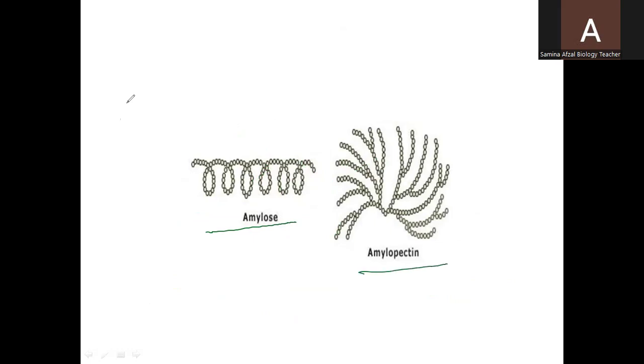But in amylopectin, for example, if we say this is the long chain, all of these will have the 1,4 structure, and from this chain, when these two molecules join, a branch will arise. From that point, there will be the formation of a 1,6 glycosidic bond. So in this way, we can differentiate between two types of forms of starch molecule.